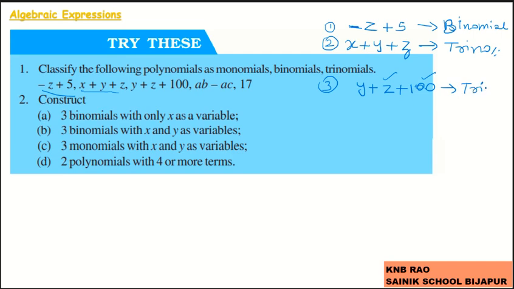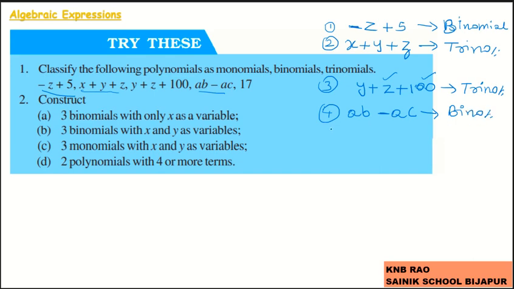Based on the number of terms, I say this is a trinomial. In the fourth one, AB minus AC, AB is the first term and AC is another term with the negative sign. So I have two terms in total, and I say it is a binomial.